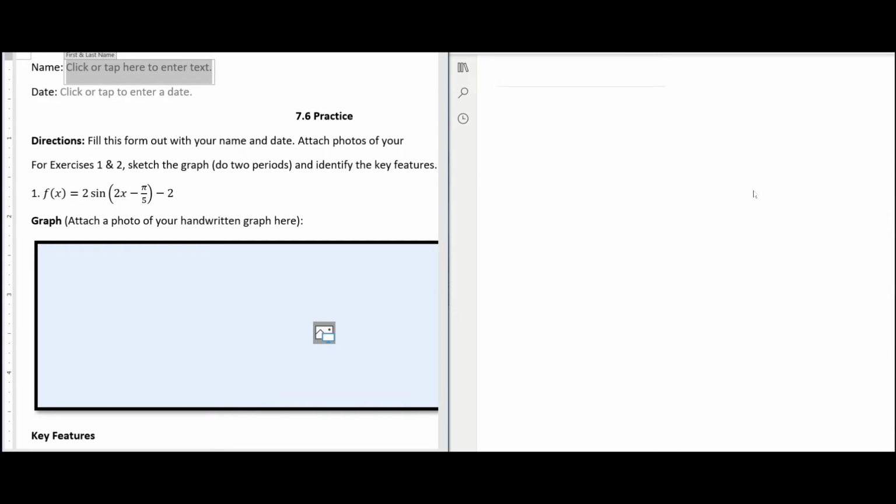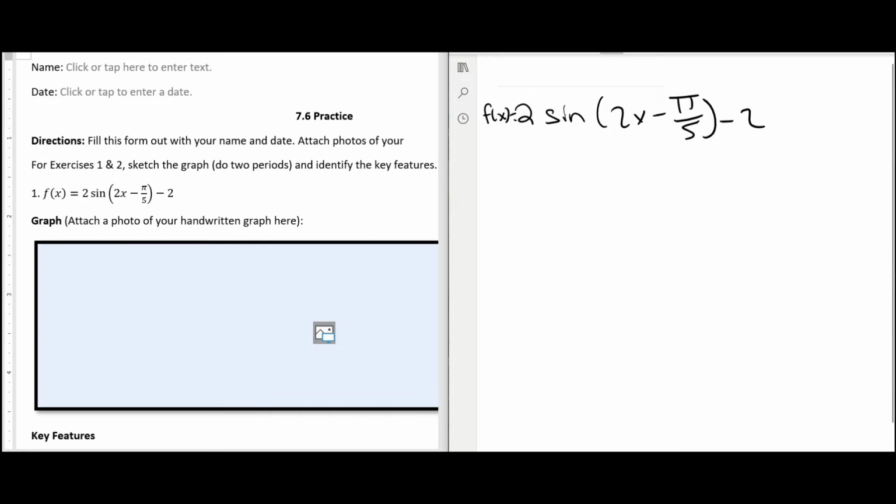So for number one, they want you to sketch a graph and then identify some features. The function here is 2 sine of 2x minus pi over 5, minus 2.